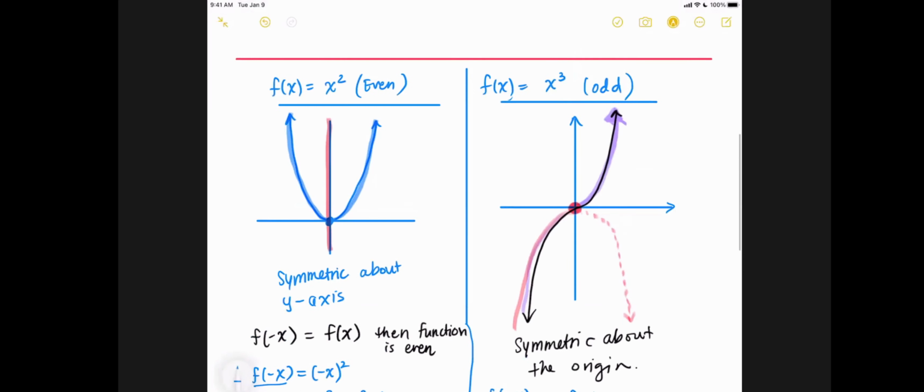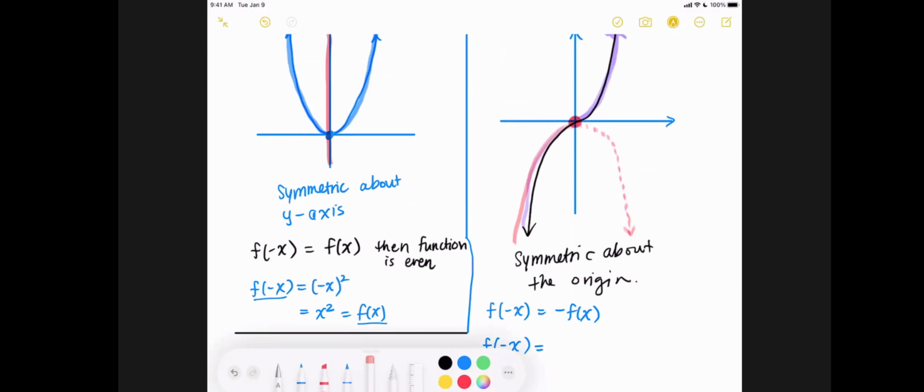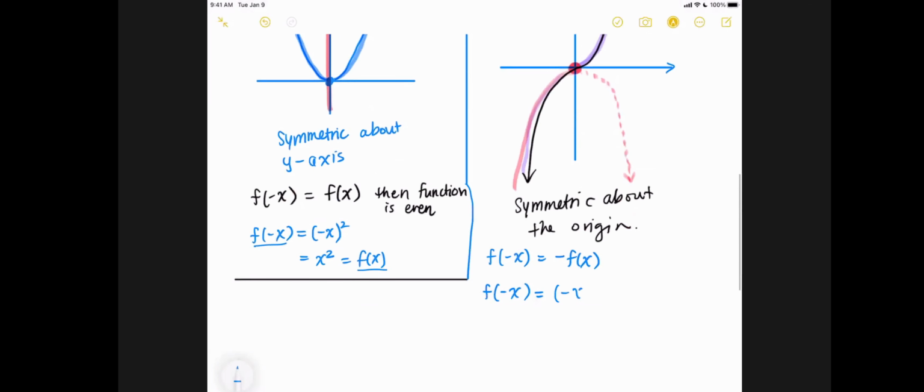We replace our input with negative x, so we put in negative x and then cube it. If you do negative x times negative x times negative x, by the definition of cubing something, this comes out to negative x cubed.